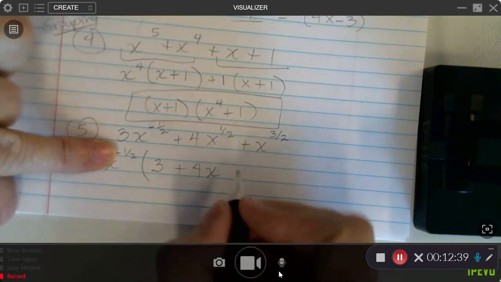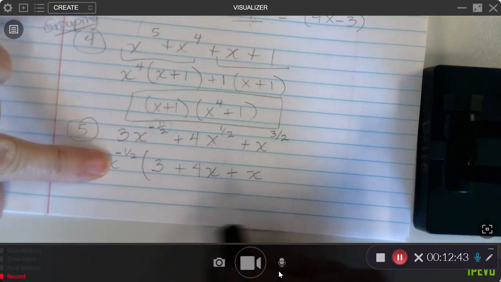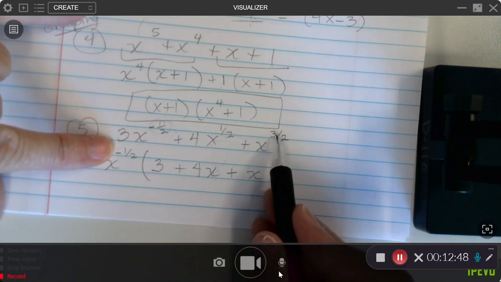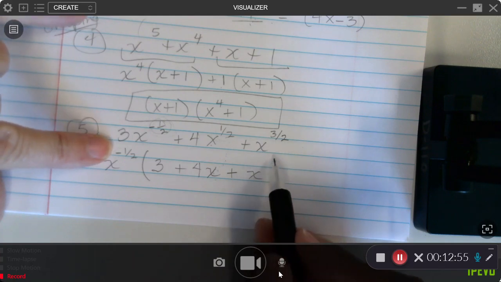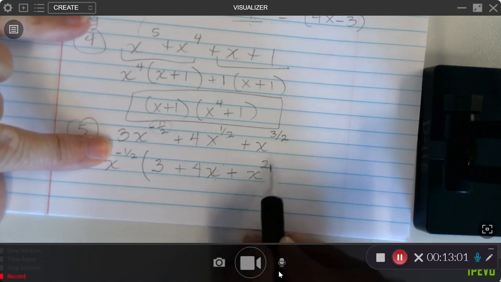Good job. Plus. Same thought process. What would I add to a negative 1/2 to end up with a positive 3/2? How many halves? 4 halves, right? And 4 halves is actually 2.